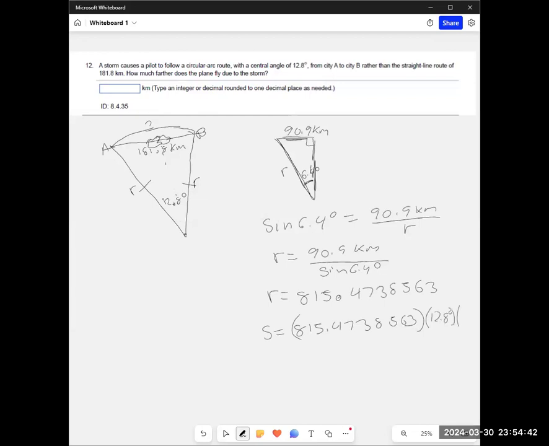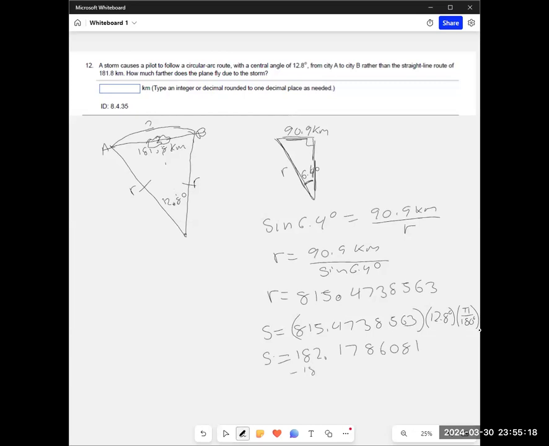Then I need to multiply that times pi over 180 degrees to change it to radians. Let's take this times 12.8 times pi over 180. And I get S is 182.1786081.